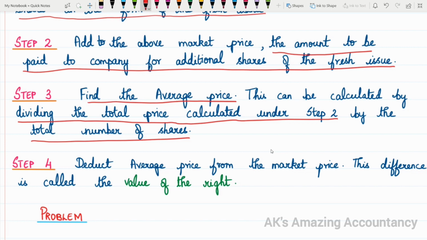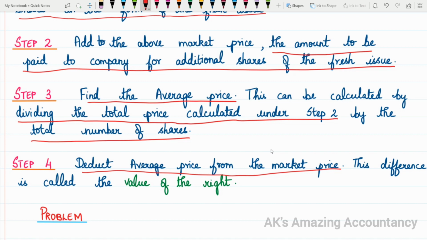Now the last step, step 4, is for calculating the value of the right. So how will you calculate the value of the right? For calculating the value of the right, deduct average price from the market price.